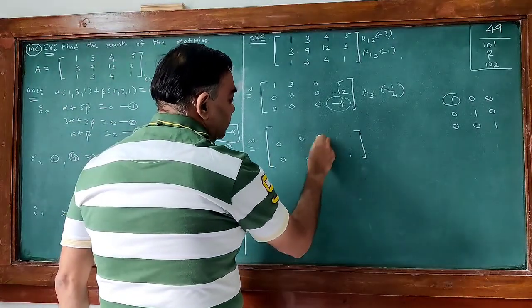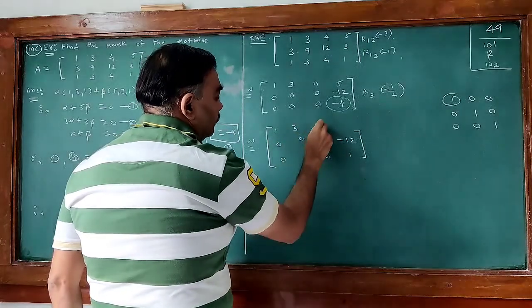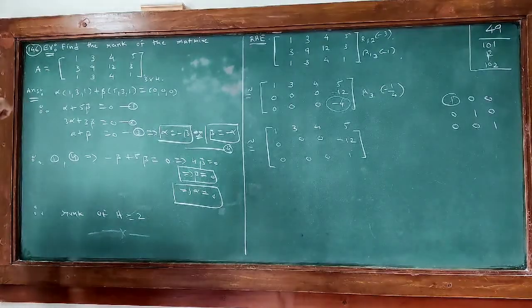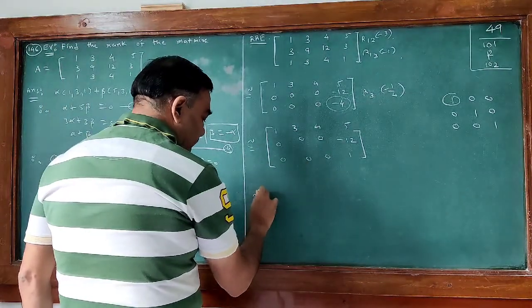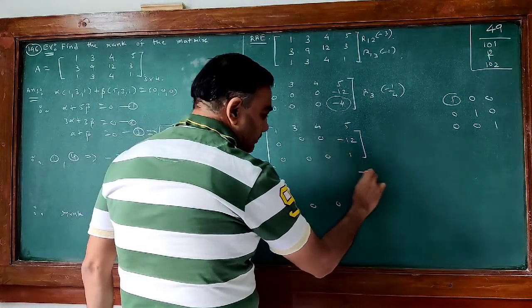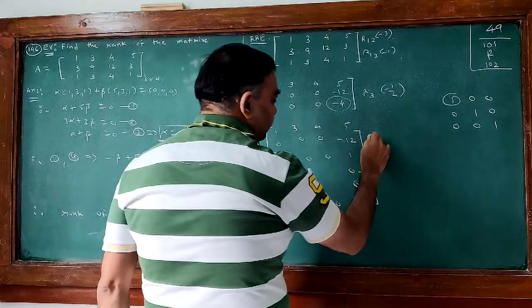0 0 0 -12, 1 3 4 5. This is equal to 0 0 0 1. We wanted 0 at both these places, so what will we do?